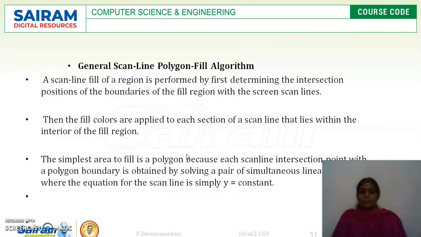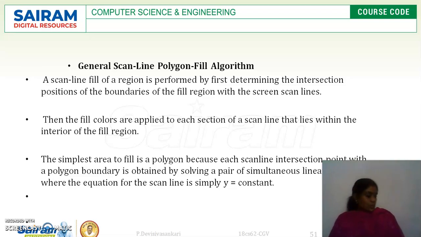So next comes the scan line polygon fill algorithm. Okay, so what is called the scan line area filling algorithm? Already you know in the rasterization problem, scan line is nothing but from top to down, from left to right, each and every pixel will be rasterized, means each and every pixel will be reviewed.